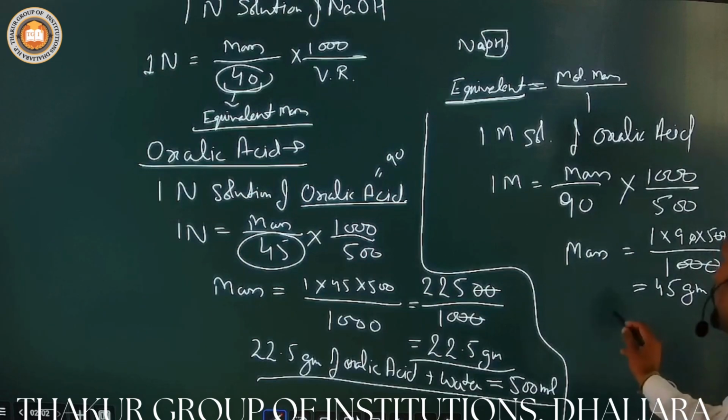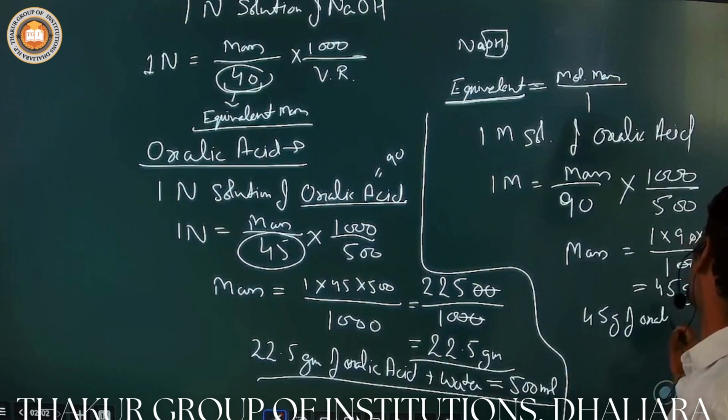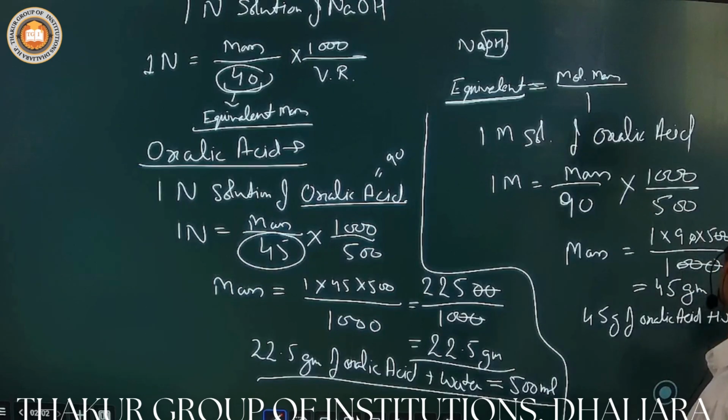So by dissolving 45 gram of oxalic acid in water and making the total volume equal to 500 ml, you are going to prepare the 1 molar oxalic acid solution.